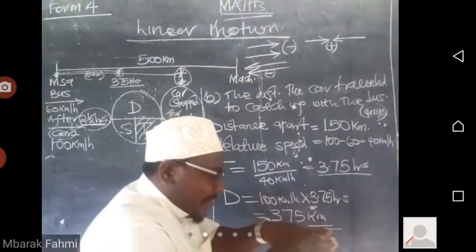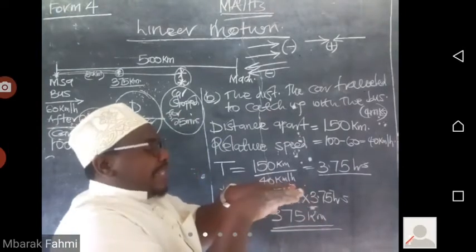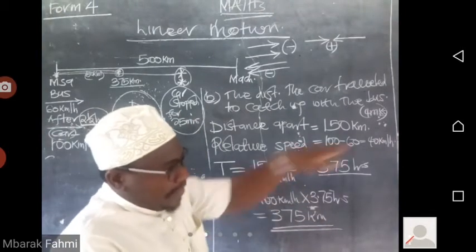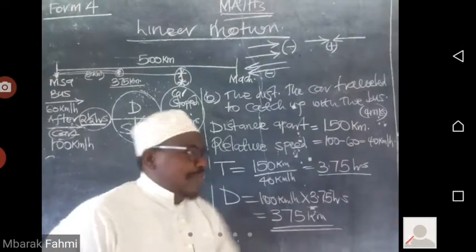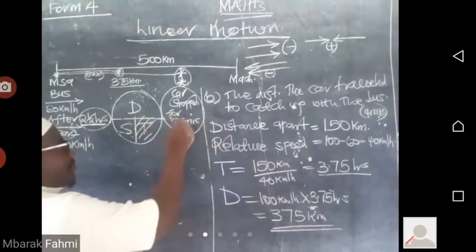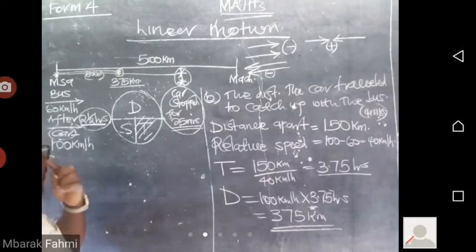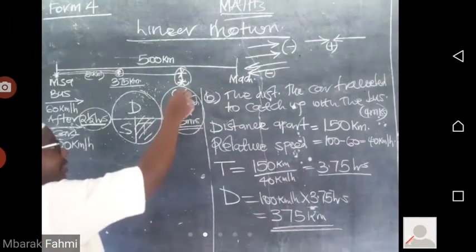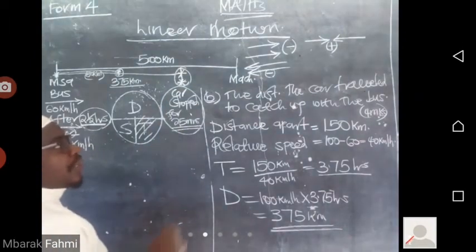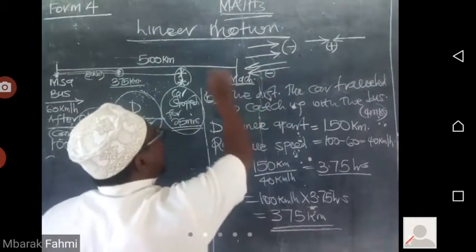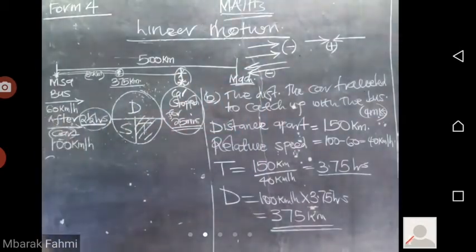When they have now caught up, the car stopped, the bus continues with the journey. But now we're told to calculate what speed the car will move with to reach Machakos at the same time as the bus.